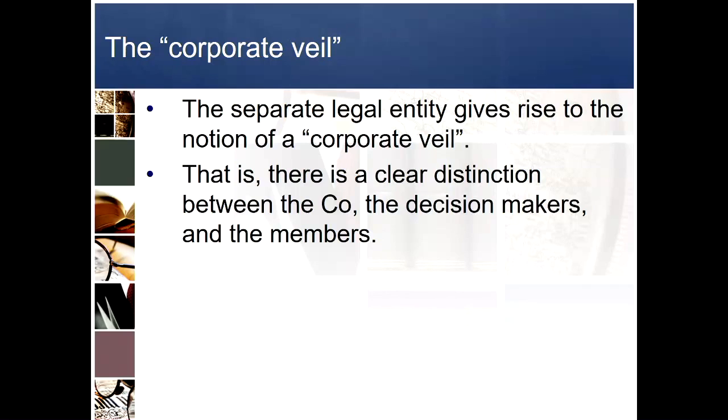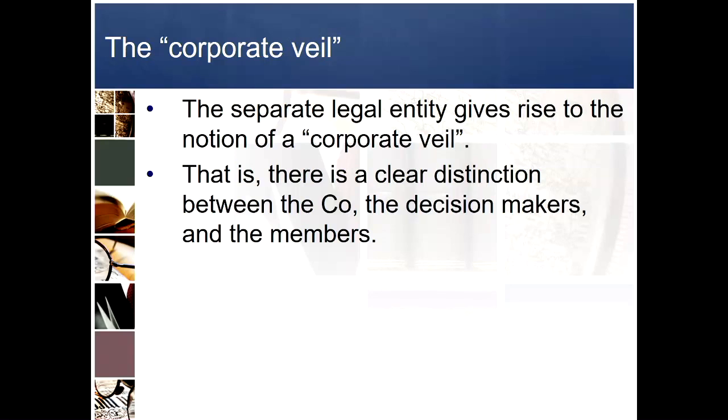The courts use this metaphor of a corporate veil, a veil being like a curtain. The courts have said it's almost like we have a company, but then between the company and the shareholder is a corporate veil that you cannot look behind. So if the company is insolvent, what does that mean? If the company has more debts than assets, what does that mean?